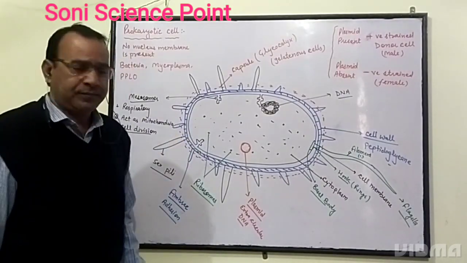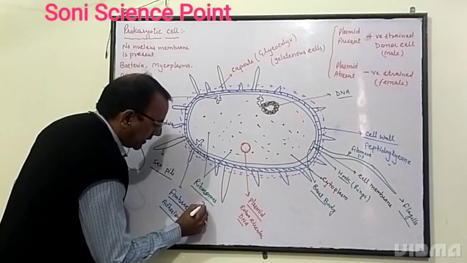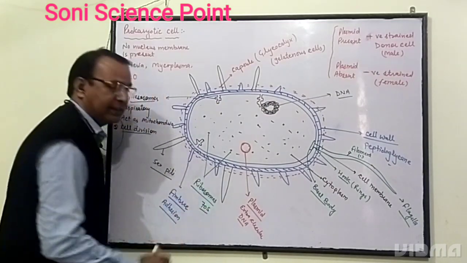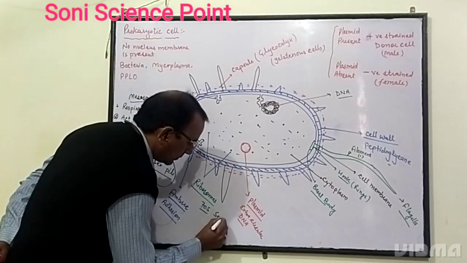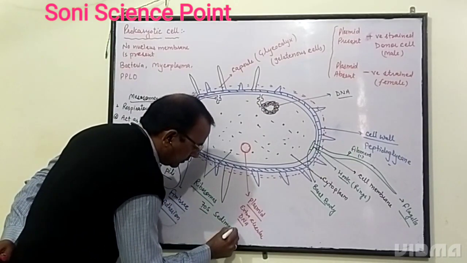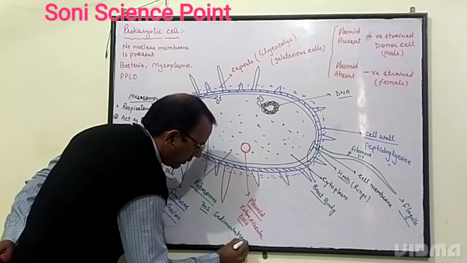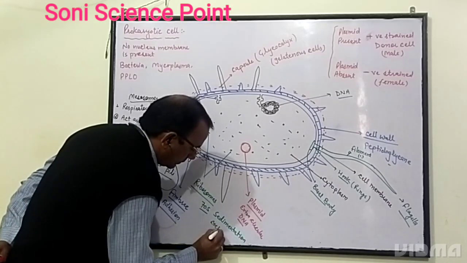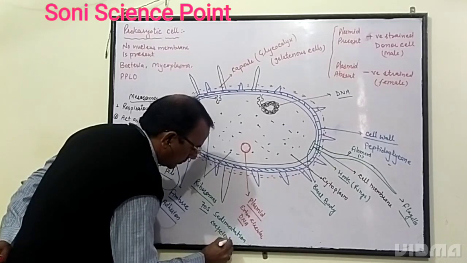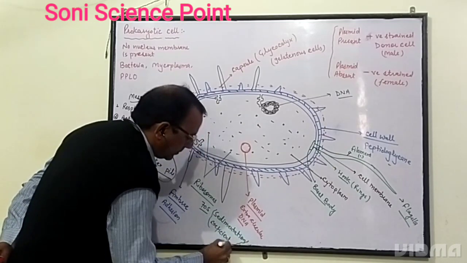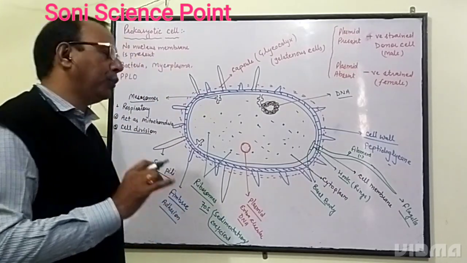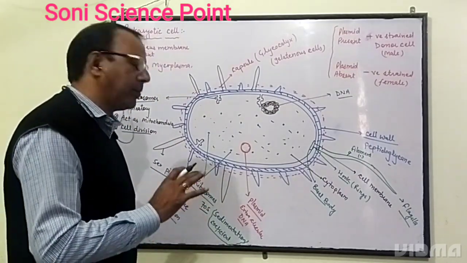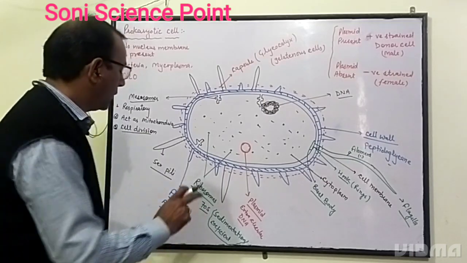In prokaryotic cells, ribosomes are present with a 70S sedimentation coefficient. As we know, ribosomes, whether the cell is prokaryotic or eukaryotic, are not membrane-bound organelles.